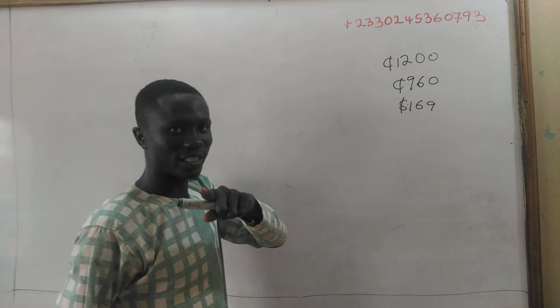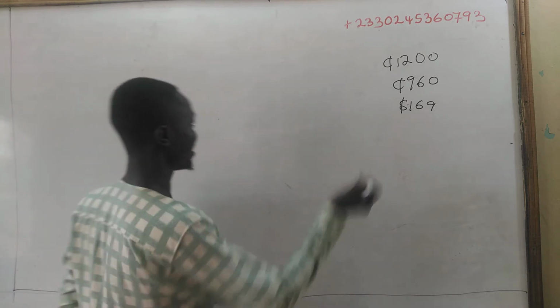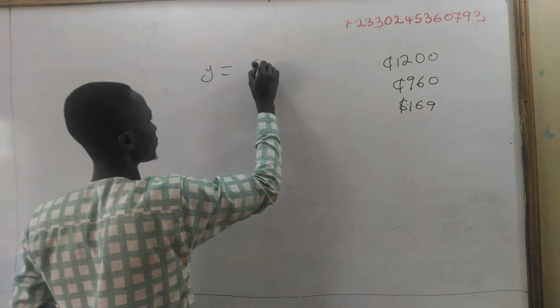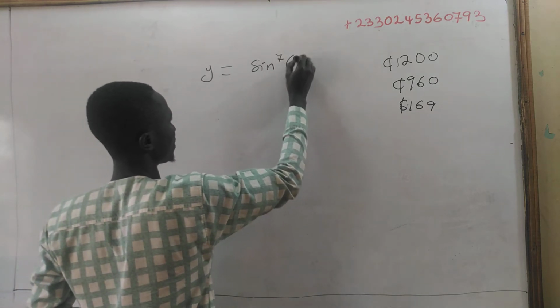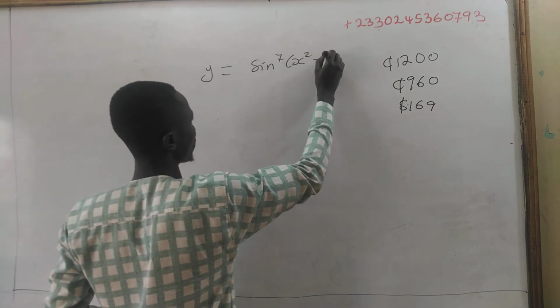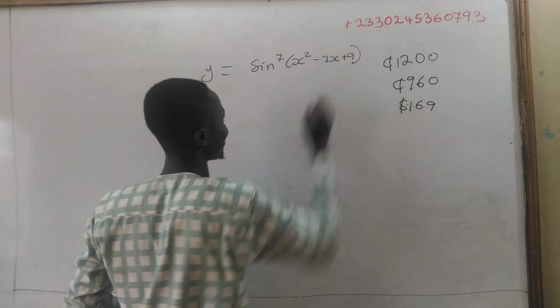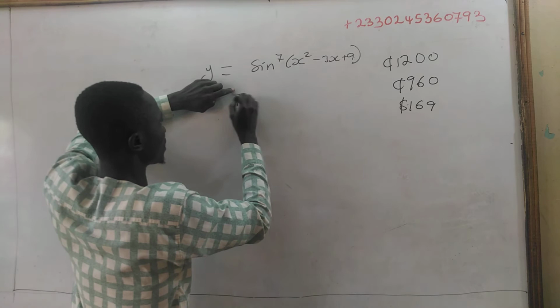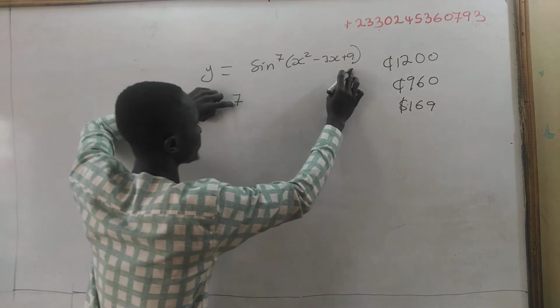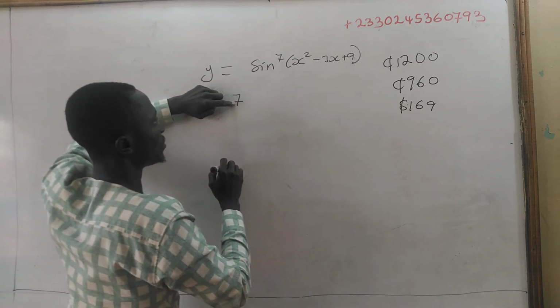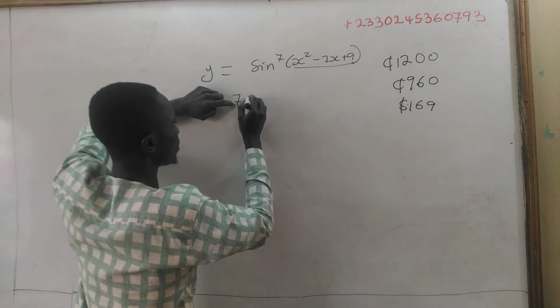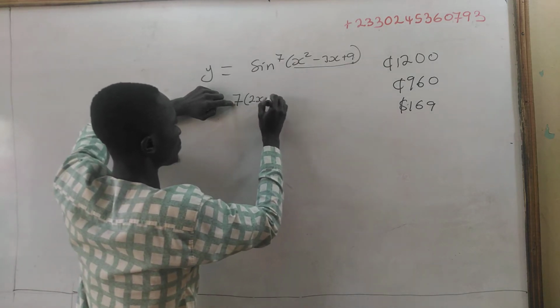Somebody there watching is thinking about this. If I have y is equal to sine to the power 7 of x squared minus 3x plus 9. So here what do you do? You bring the power 7 in front. Then we differentiate the inner one. So that will give us 2x minus 3.